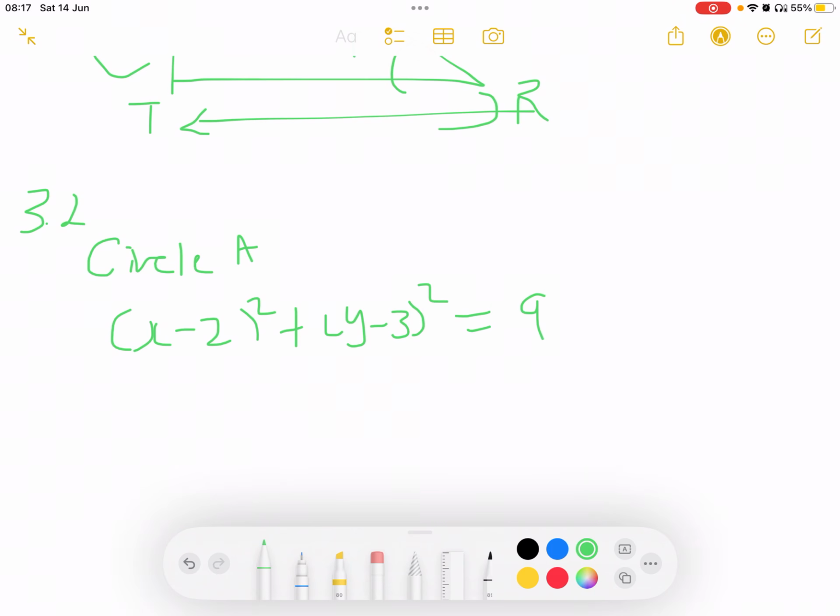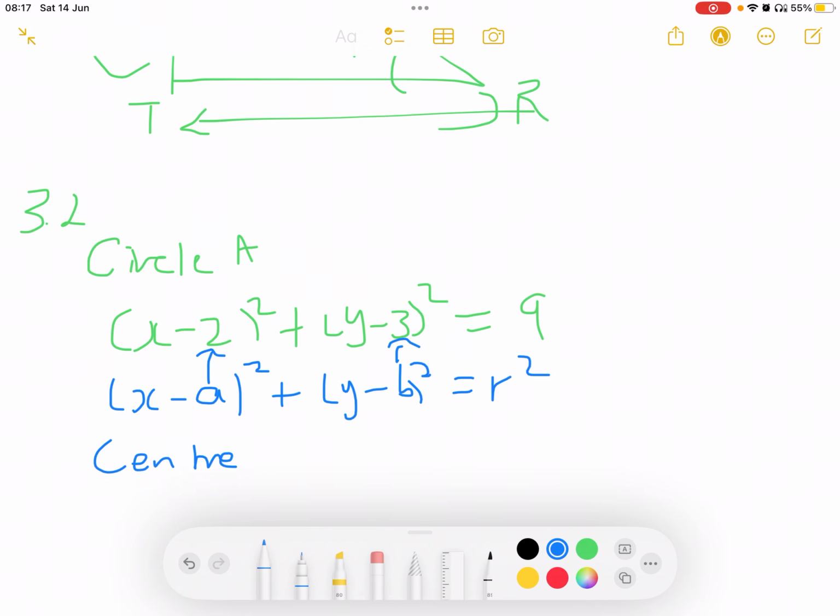Now we can relate this to our original equation of a circle with the center not on the origin: (x − a)² + (y − b)² = r². This is where the value of a comes from, that is the circle center, and this should be b. So the center says that a is equal to 2 and b is equal to 3.